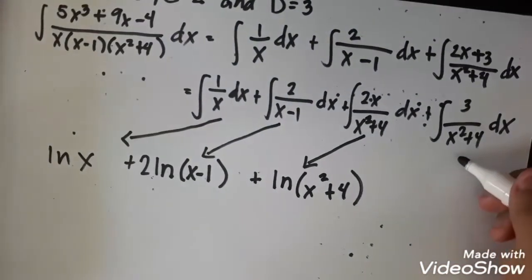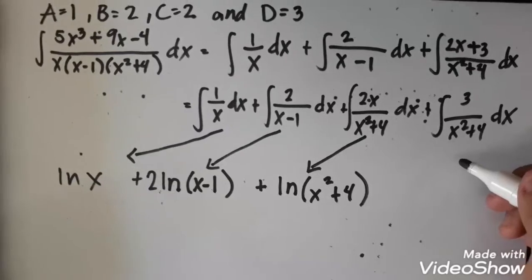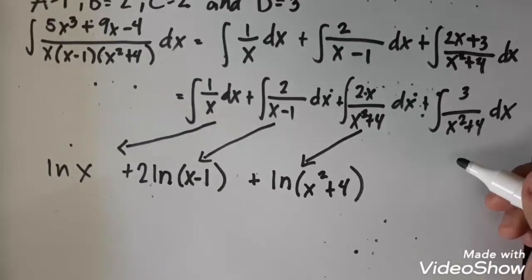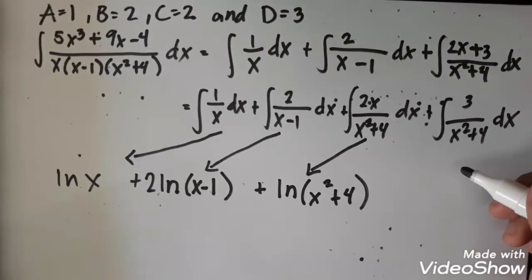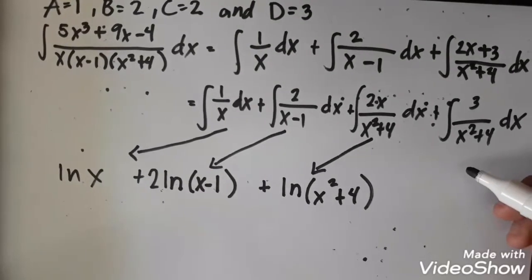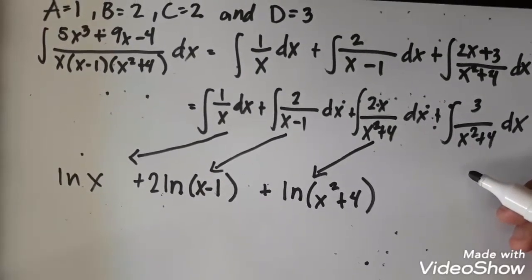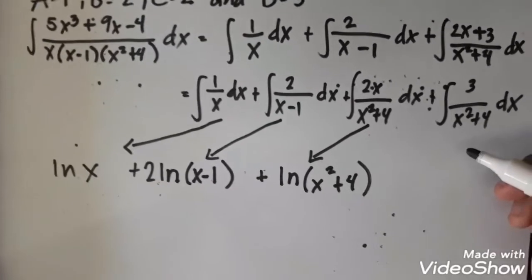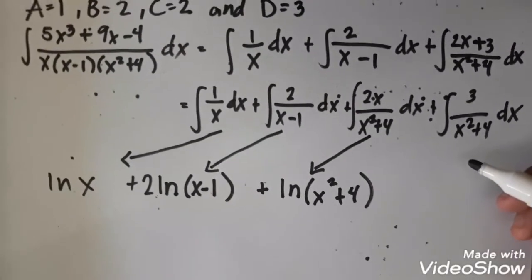But for the last, we need to use the arctangent rule, which says the integral of dx over a squared plus x squared is equal to 1 over a arctan x over a plus c.